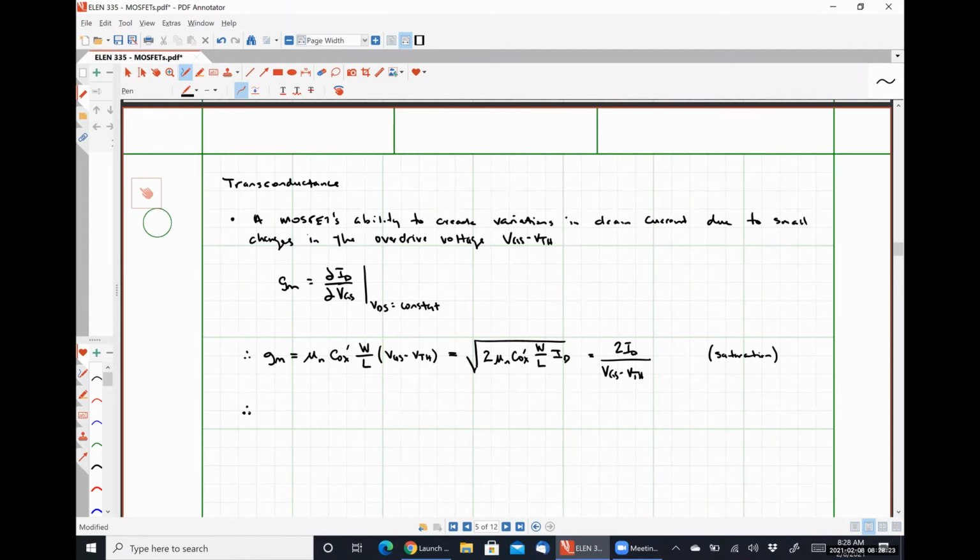So we're going to have a specific transconductance relationship there as well. So we'll have GM is equal to mu n C ox W over L multiplied by VDS.